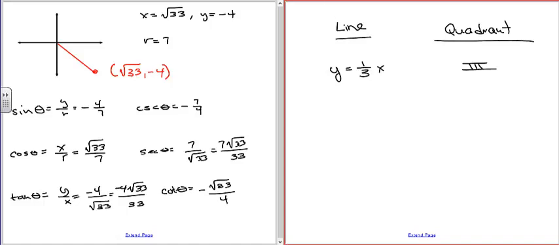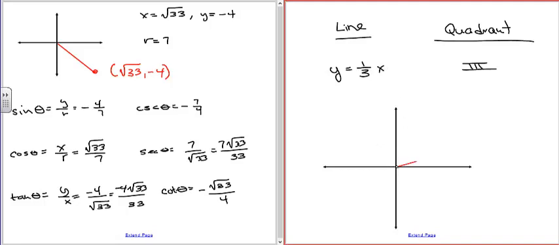So let's draw this line and see what it looks like. So there's the x and y axis. Now this line goes through the origin, so we'll start at the origin because there's no plus or minus b here.